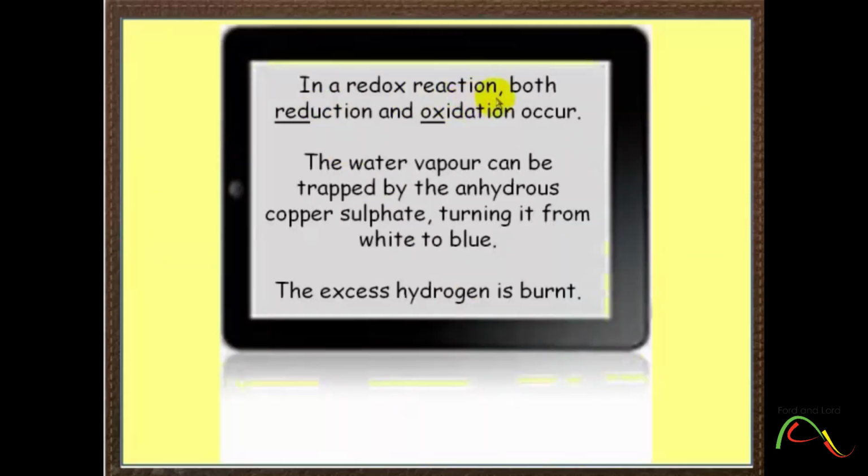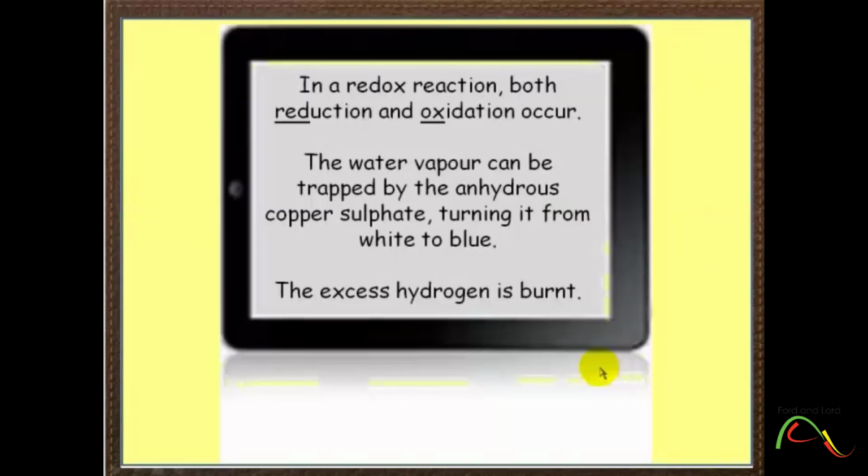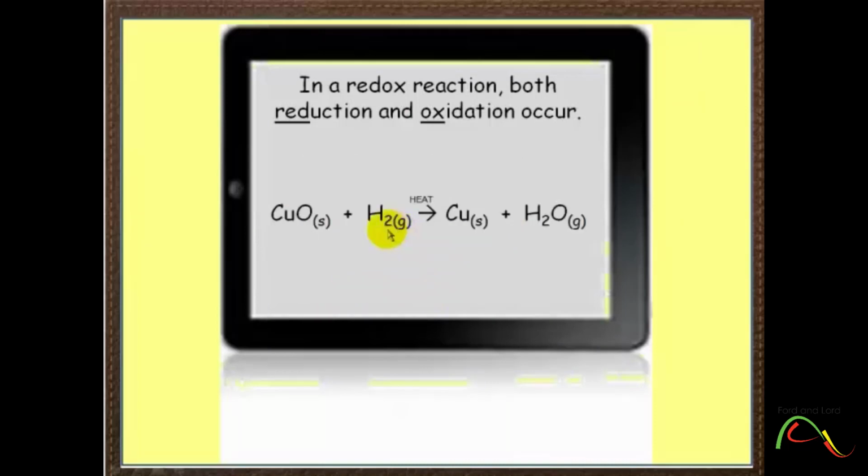In a redox reaction, we know both these occur. Going back to the reaction, copper oxide is being reduced, water is being produced. The water vapour is trapped by the anhydrous copper sulfate, turning it from white to blue, and excess hydrogen is burnt off.